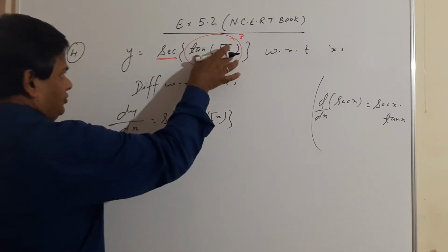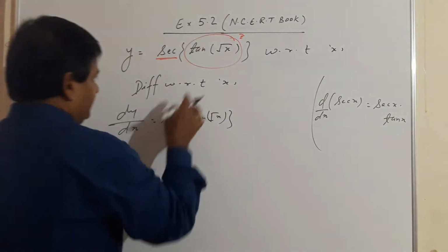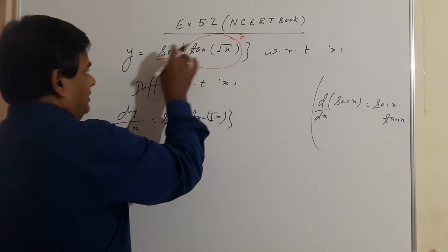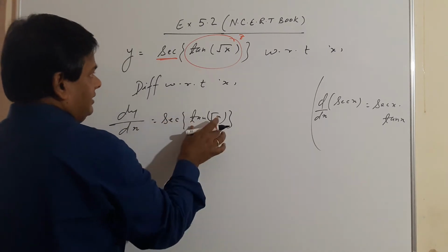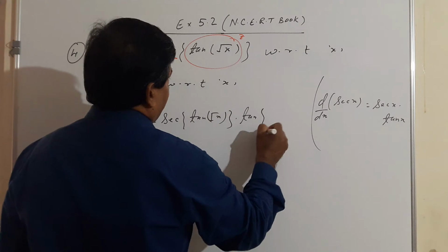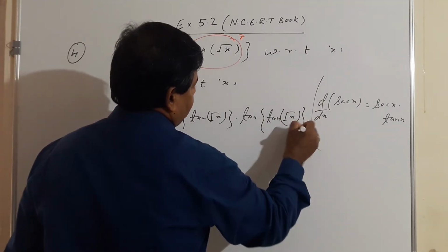Suppose this one is z. The differentiation of sec z is sec z into tan z. What is z? z is tan √x.